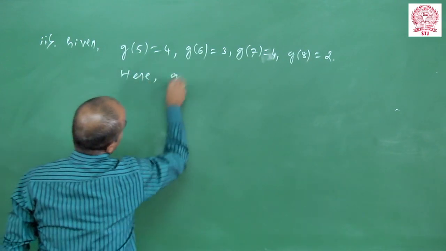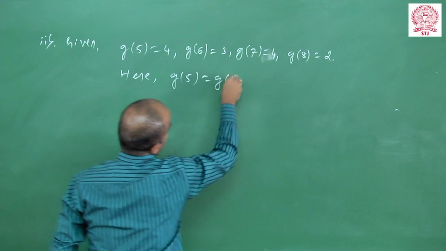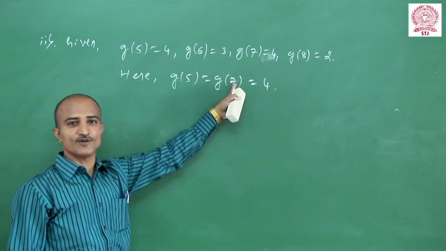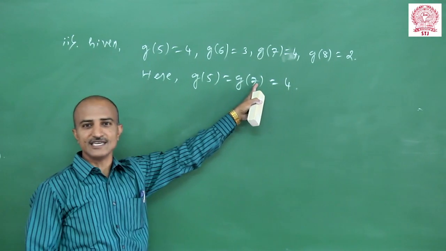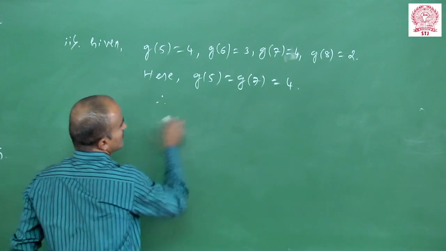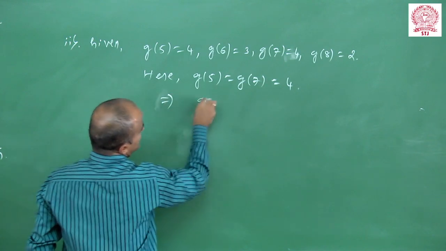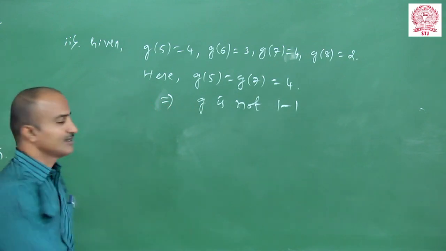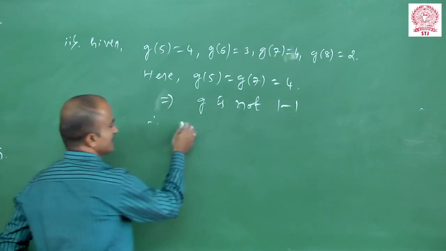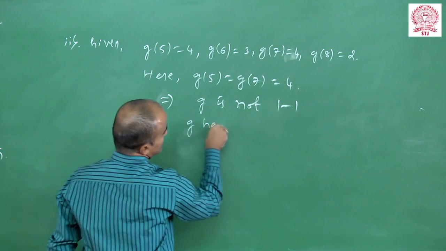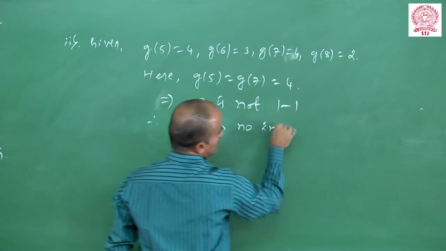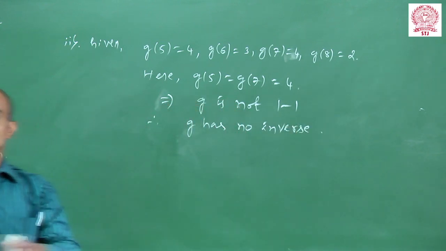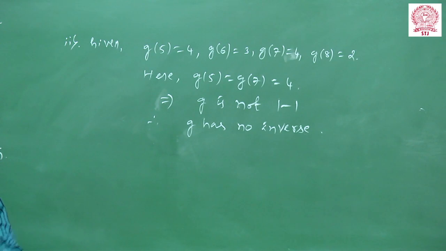Here, the image of 5 and the image of 7 are the same, meaning distinct elements of the domain are having the same image in the codomain. This implies g is not 1 to 1. When g is not 1 to 1, its inverse does not exist. Therefore, g has no inverse. They are asking us to state, by verifying, whether the function has an inverse or not.